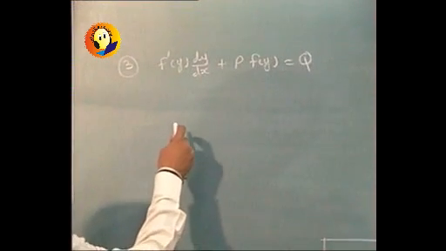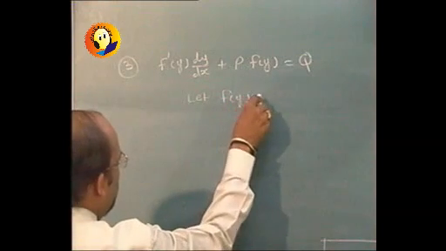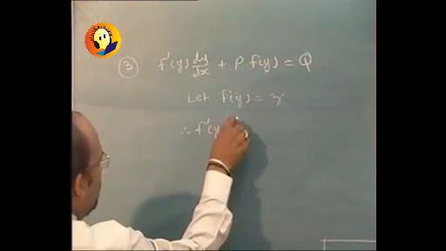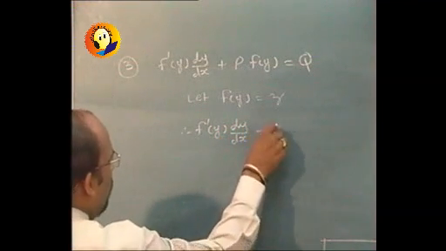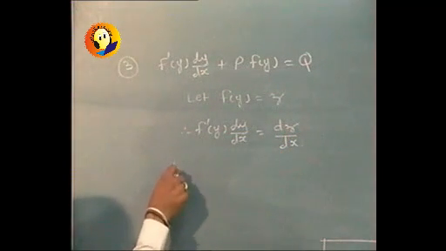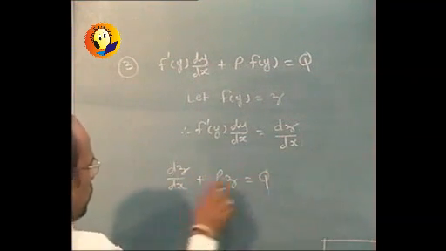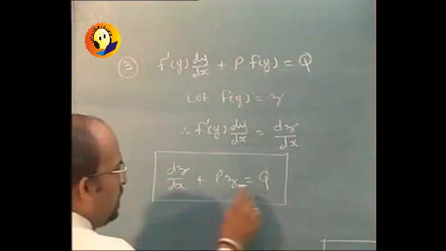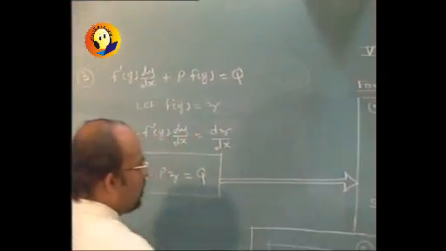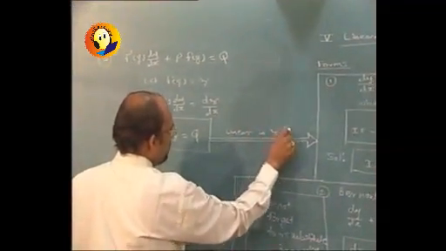This problem is much simpler because we can straight away say that let f of y be equal to z. Therefore, f dash y dy by dx will come out to be dz by dx, and if we simply substitute, we get dz by dx plus pz is equal to q, which is again reducing to form number 1, which is linear in z and x.